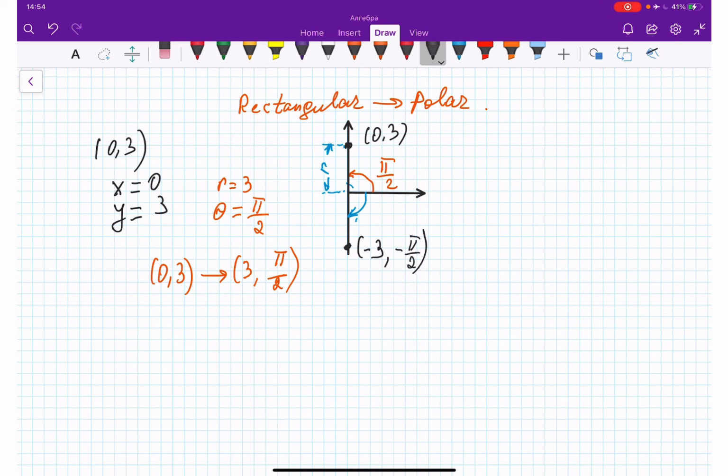And we can look also at a different case here. Here we have positive, and here we have negative: negative 3, comma, negative pi over 2.